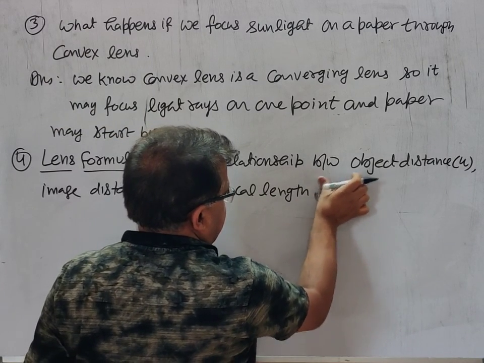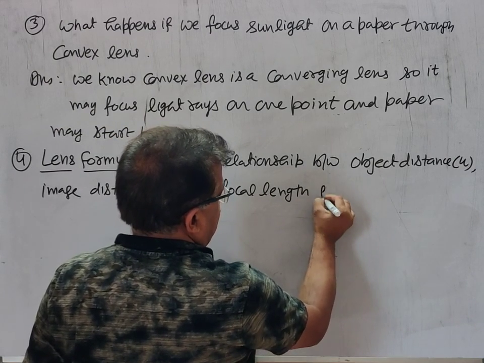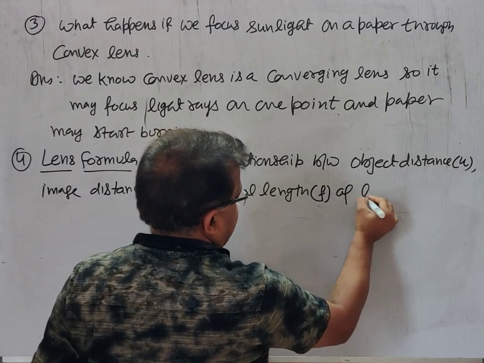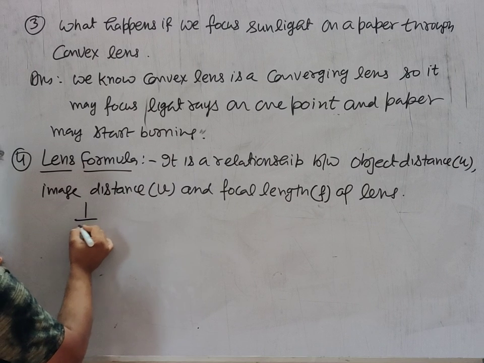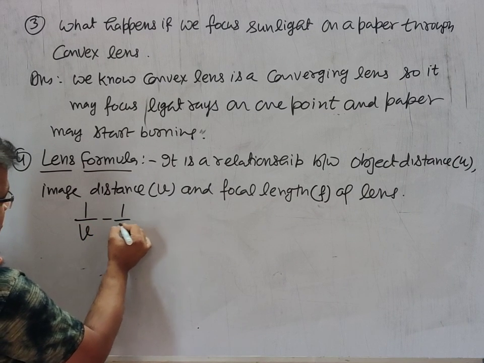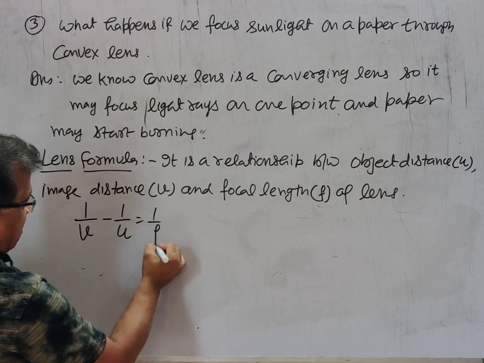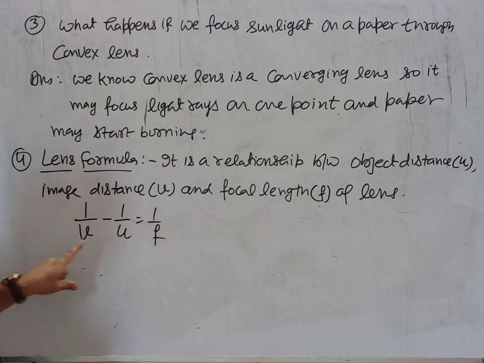Focal length is represented by f, focal length of lens. It is 1 by v minus 1 by u is equal to 1 by f. In mirror formula here is plus, in lens formula here is minus. This is the difference.